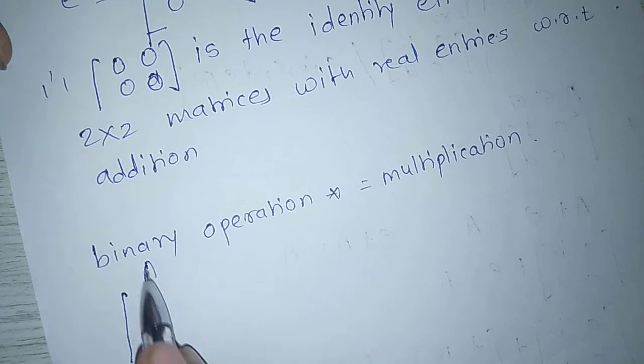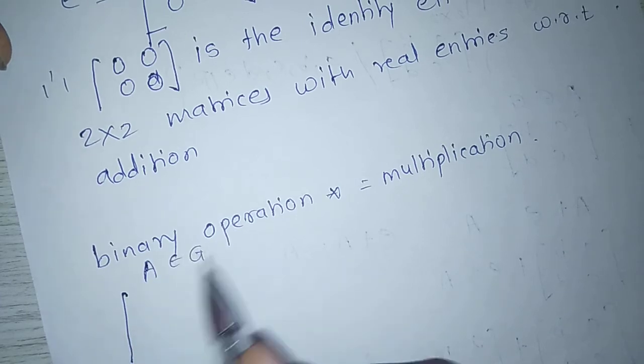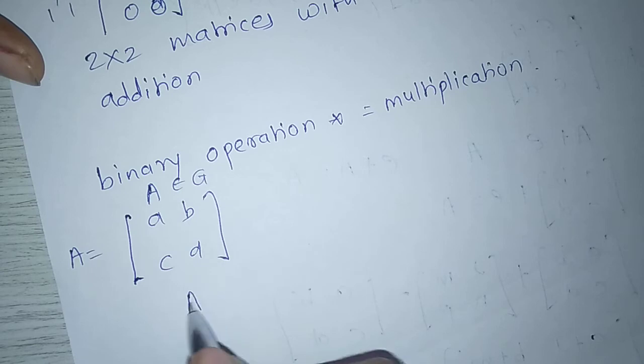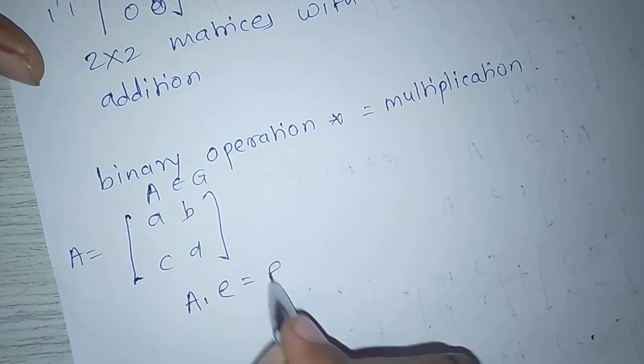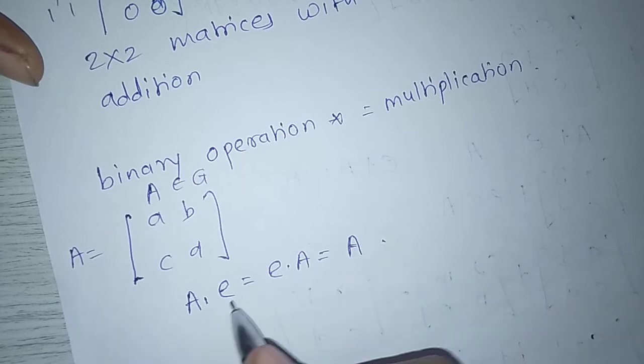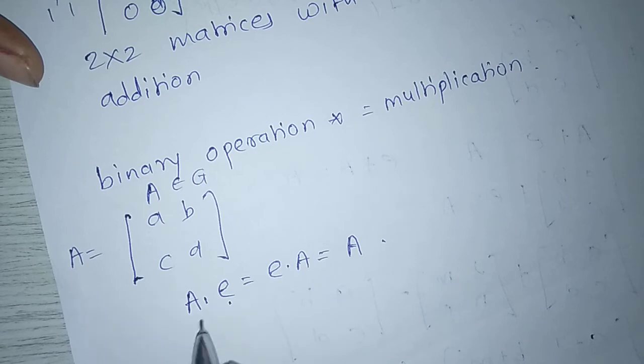Consider A belongs to G, therefore A equal to [A, B, C, D]. With respect to multiplication means A into E equal to E into A must be equal to A. Then we say that E is the identity element of the set of 2 by 2 matrices.